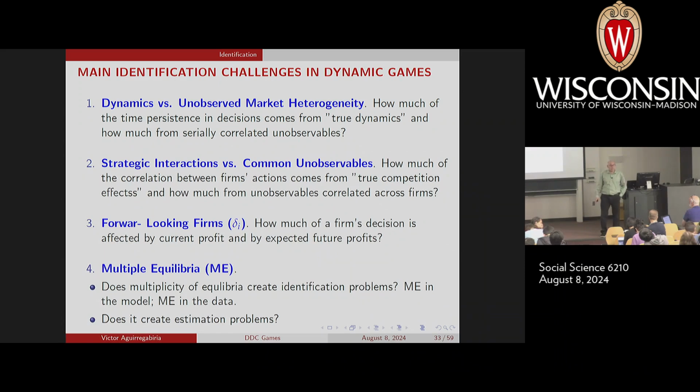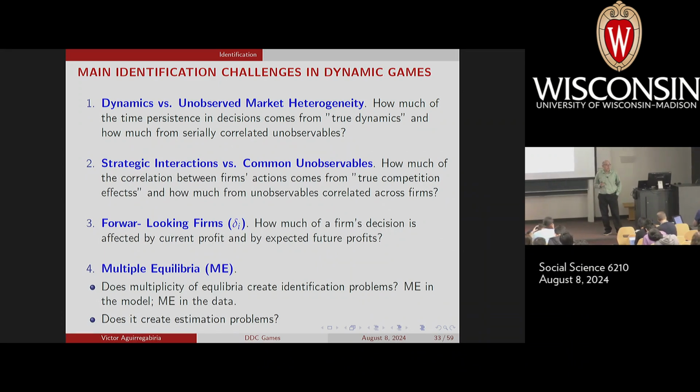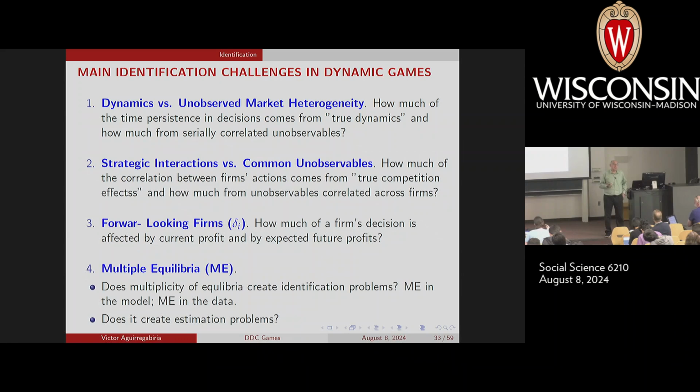If you are interested in predictions, probably you don't have to care at all about distinguishing between these two. But if you are interested in the economics behind this persistence and in policies, you can think of a policy that introduces a subsidy to invest in research and development.